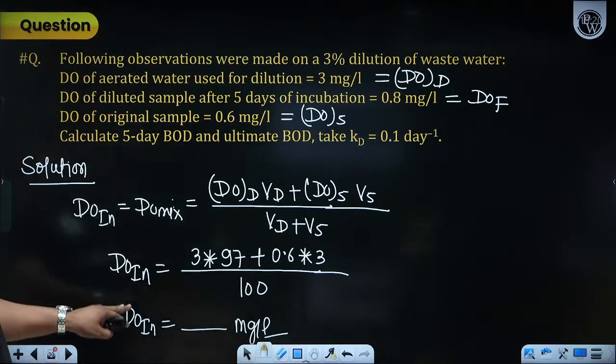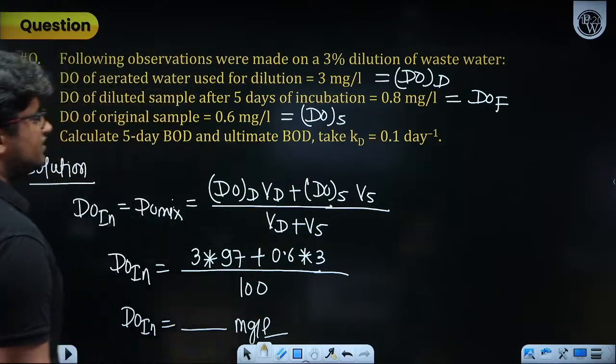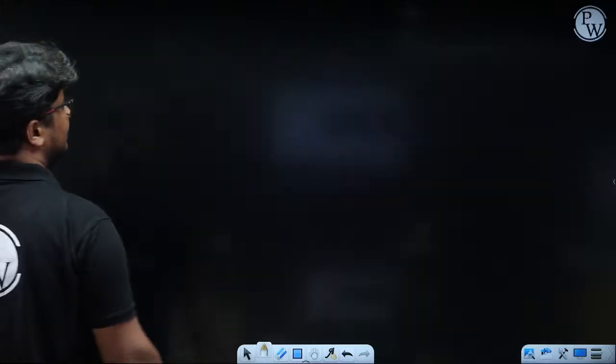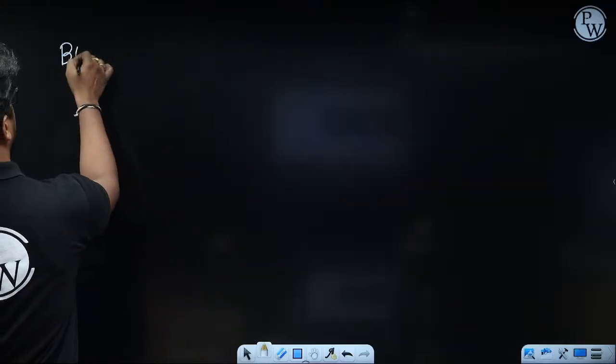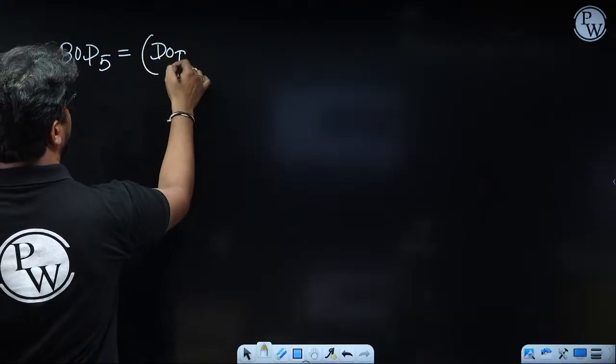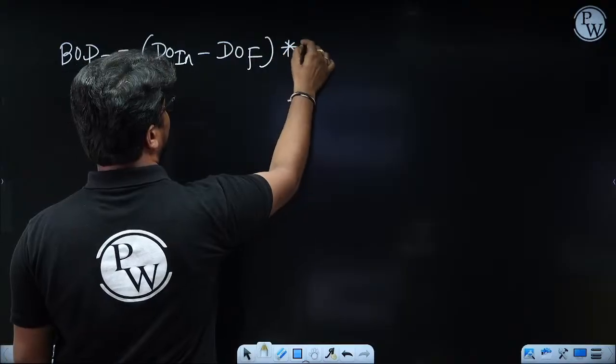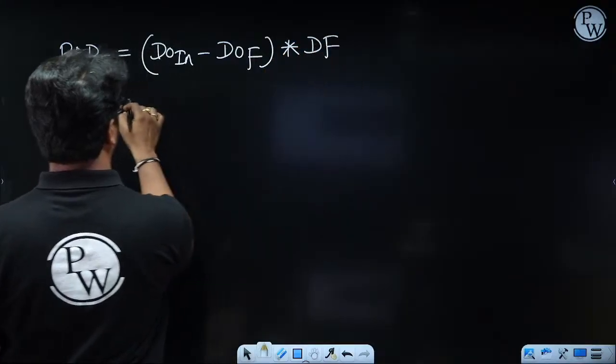Now when you have the DO initial value, you have the DO final value which is already given to you. I think you guys can simply calculate the BOD for 5 days. It will be DO initial minus DO final into dilution factor.